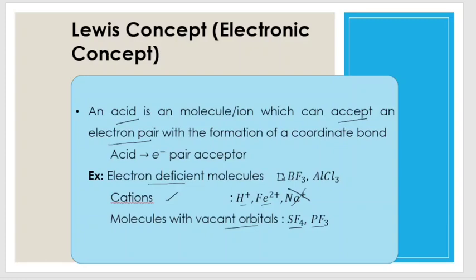So, the one and only one condition: whether the molecules are electron deficient or electron rich, or the molecules with the complete octet, they also can act as Lewis acids if they have the vacant orbitals. Very, very important. If we consider the sulfur, it is completely getting the stability by getting that octet configuration with that of the fluoride ions.